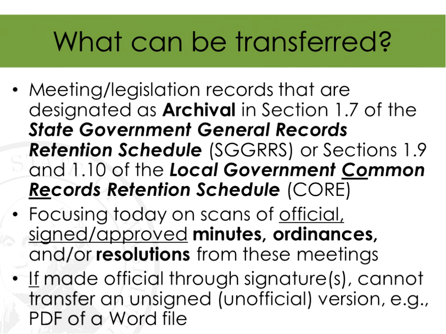If you're a local government agency, you are using, among possibly other records retention schedules, the Local Government Common Records Retention Schedule, which we often call the CORE. And both of those schedules talk about the records of governing or executive bodies, and the meetings that take place of those governing bodies, and also of advisory bodies. Those are designated as archival.